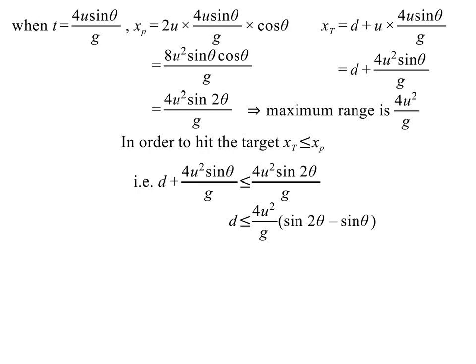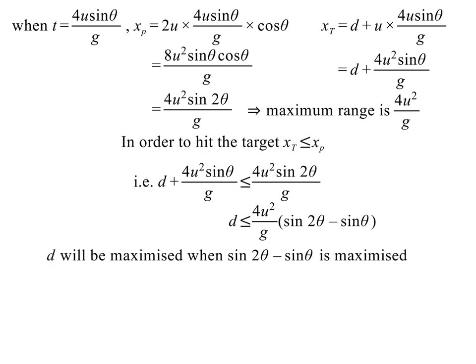Now d will be maximised, the biggest of that inequality, remember u is constant, g is constant, when this expression, sine 2 theta minus sine theta, is at a maximum. That's going to give us our biggest possible d. Let's call that function f of theta, sine 2 theta minus sine theta.